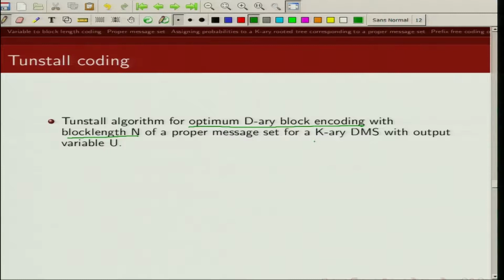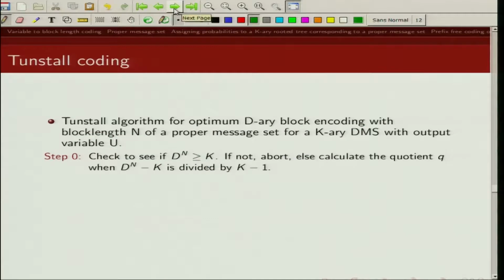We have a K-ary discrete memoryless source which emits these random variables U, so U1, U2, and so on. First thing that we need to do is check if D raised to power n is greater than or equal to K. If it is not, we cannot find a code for that.